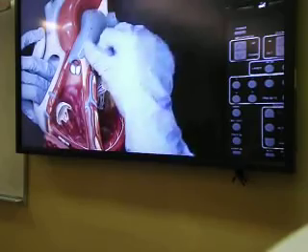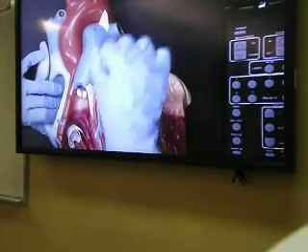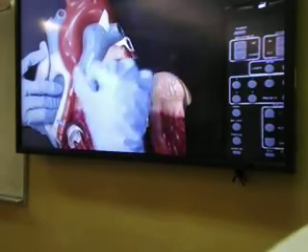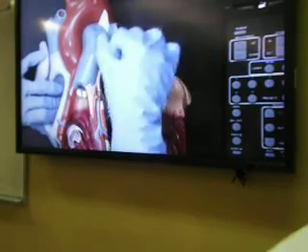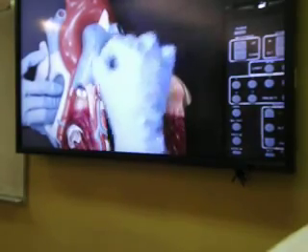And this blood vessel, as we said in the beginning, is an artery. And this is the beginning of that artery, which we call the pulmonary trunk.